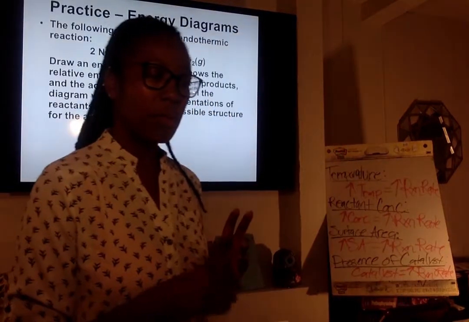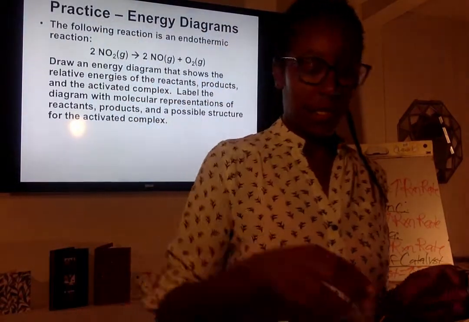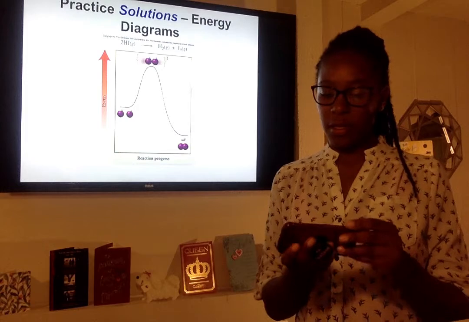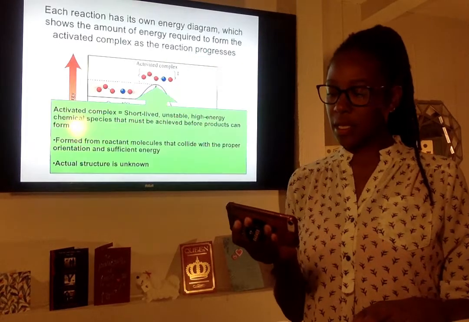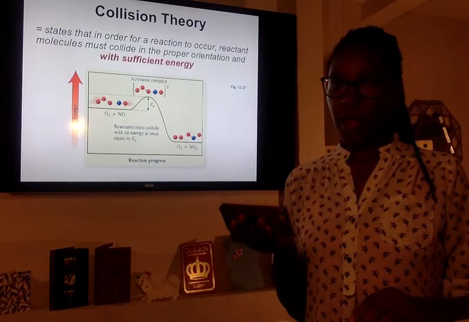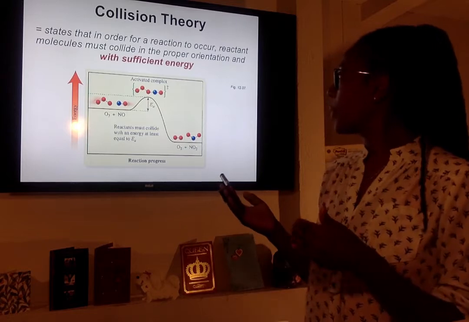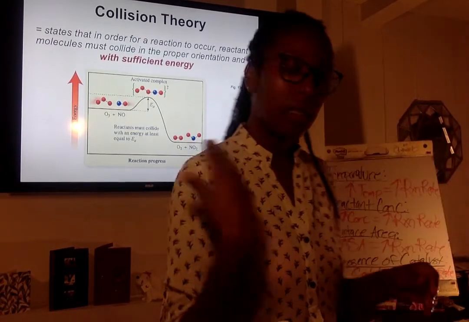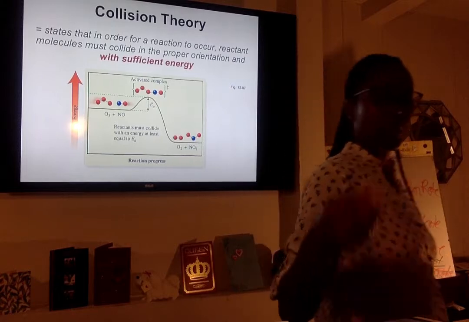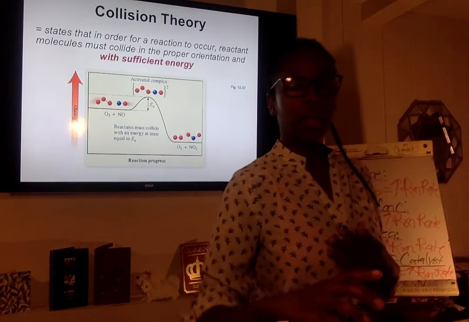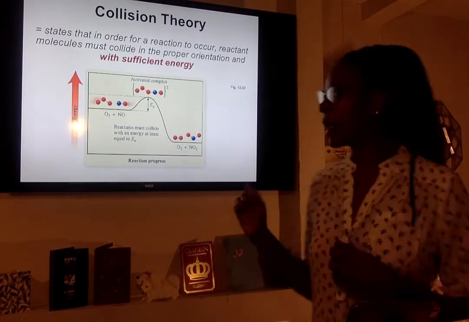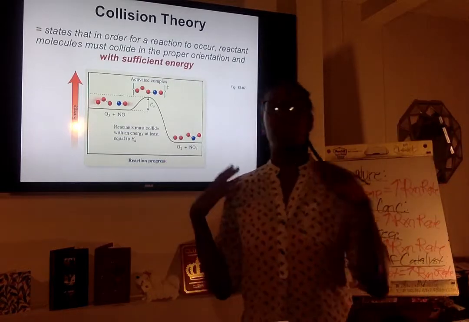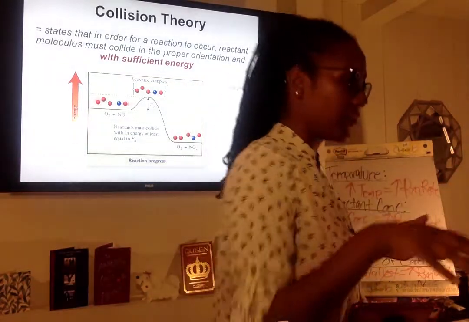Okay, so basically what they want us to do is use this diagram as an example of what we're going to draw. So that's basically what this is asking, is for us to draw the energy diagram, right? And this is the energy diagram, but it's used for any type of chemical reaction.